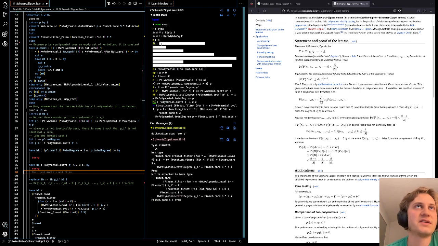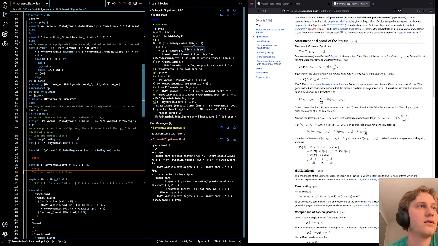The inductive hypothesis tells me that for all polynomials over fin n, and just to clarify, p sub i prime is a multivariable polynomial over fin n. So I can apply the inductive hypothesis to it. H1 is the necessary condition that says that it's non-zero.